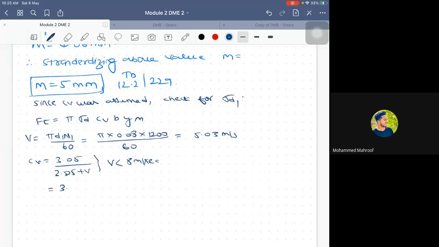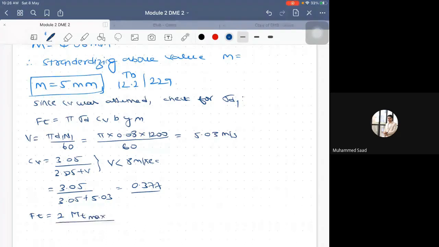It is 3.05 divided by 3.05 plus 5.03, which is 0.377. Next, what you have to do? Calculate the value of Ft. So Ft is equal to 2 times MT max in the problem, because he says something about 20% greater.